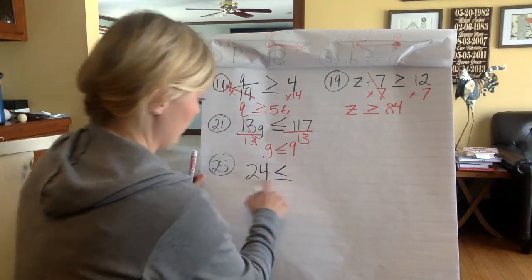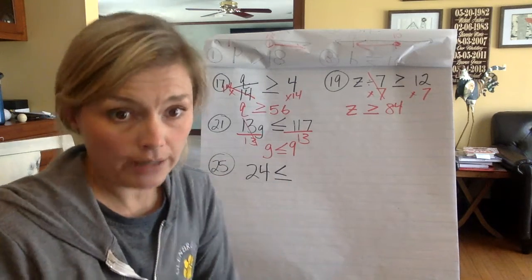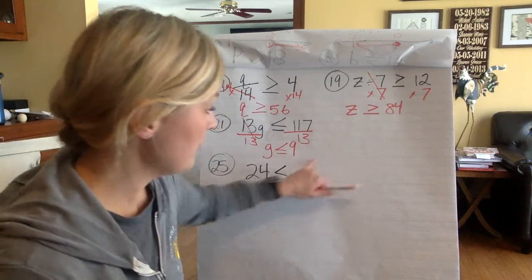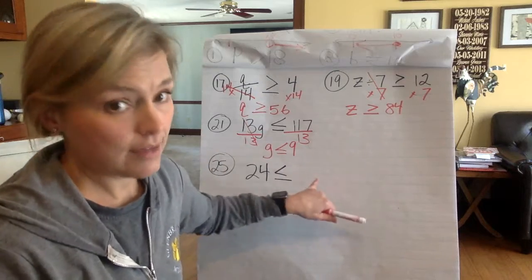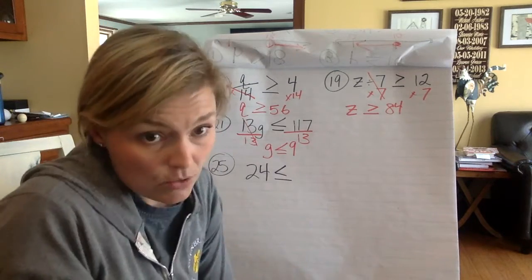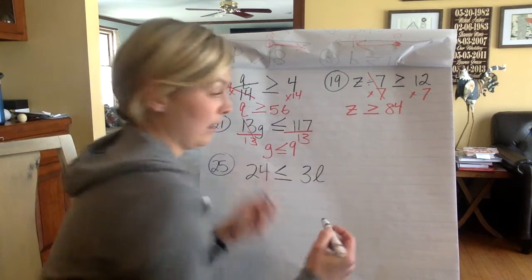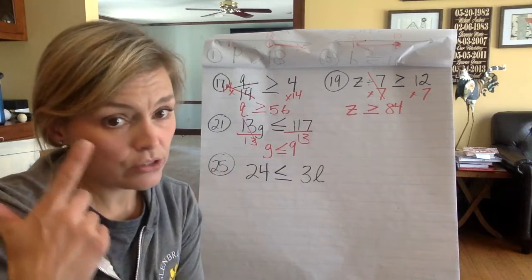So this symbol right here is going to be set up. 24 square feet, the square footage we want, has to be less than or equal to what our table setup is. When we're thinking about area, that's a length times width formula. We're given one of those dimensions, the 3. What we're not given is the length. Our directions are to write and solve an inequality.